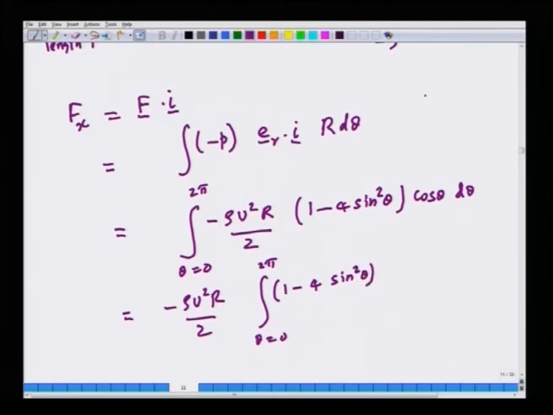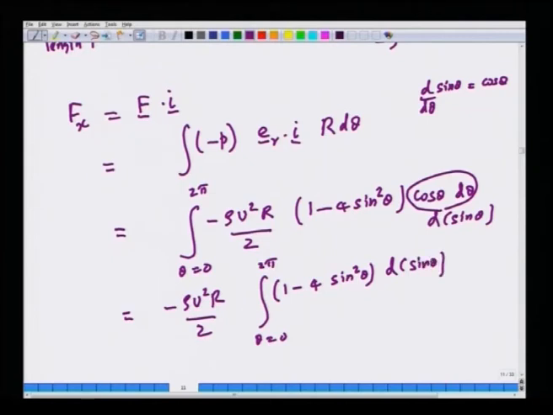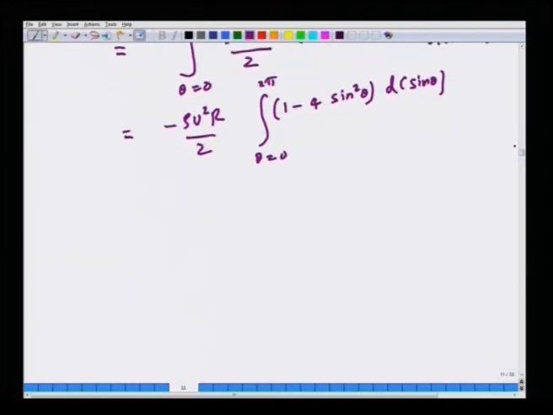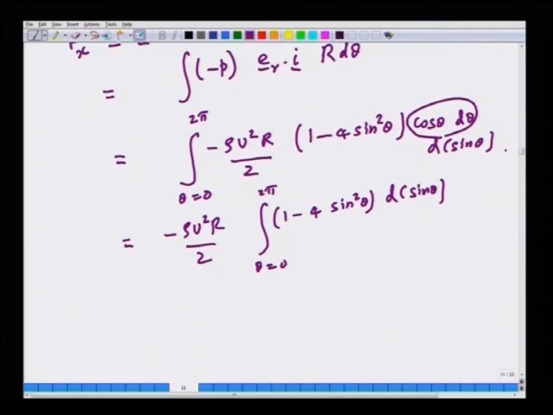The derivative of sin theta is cos theta, so instead of cos theta d theta, I will write d of sin theta. So, you have a very simple integral wherein you have an even function of sin theta, an even function of the argument, and theta goes from 0 to 2 pi.